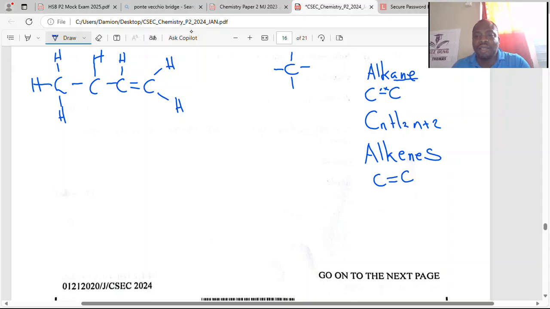Alkenes are considered to be unsaturated, and this is because the double bond between the carbons has a possibility of breaking and accepting other atoms, hydrogen or halogens or nitrogen or any other atom that is capable of forming organic compounds. We have a few that can accept metals and all of that. So we are now looking at the general formula.